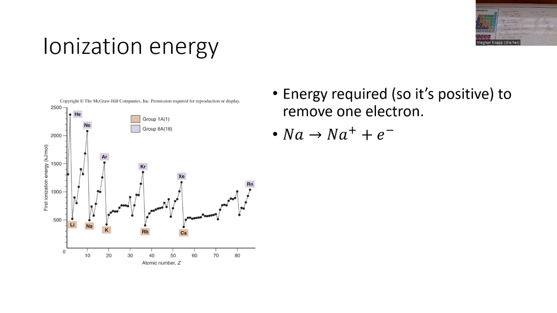With electron affinity, and some books reverse them, some don't, we have a favorable electron affinity when we have a high ionization energy. So you can see chlorine has a high favorable electron affinity. That bottom one is the electron affinity.